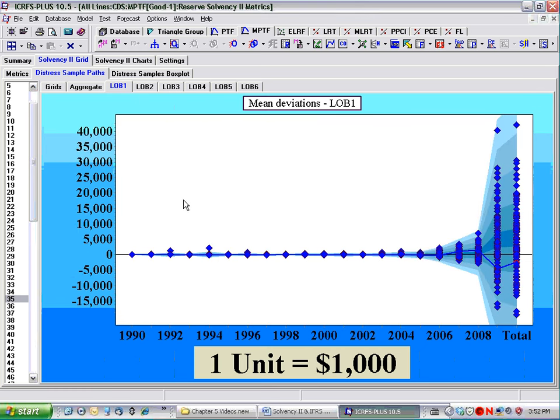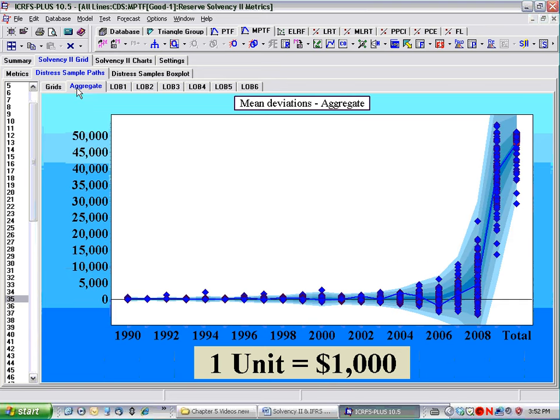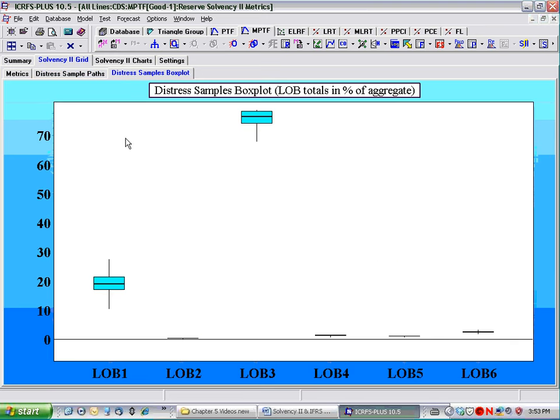Okay, so you can see with LRB1, which is the second largest line, you're looking at around 40 million, 30 million, 25 million sort of contribution. But if we look at it in terms of box plots for the contribution in terms of losses above the mean to a distress situation, we've got the distress box plots, and you can see that LRB3 about 80% of the time contributes to a distressed situation.